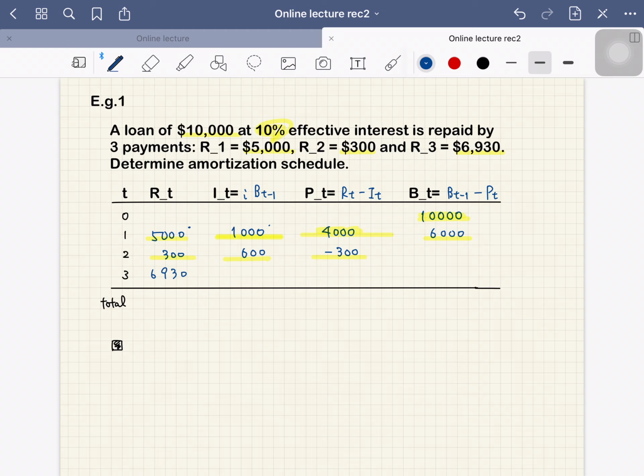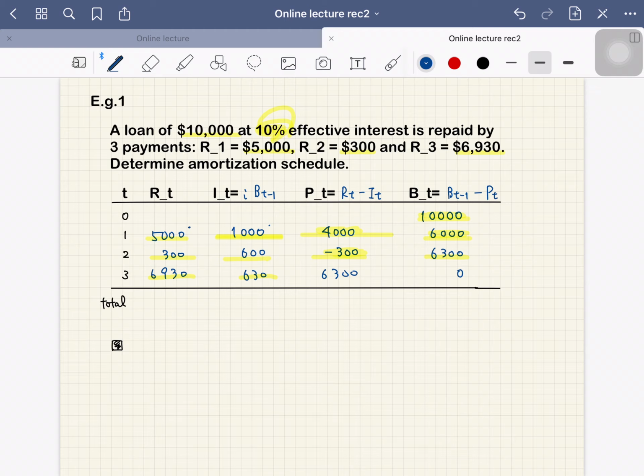So balance is $6,300. This is 6,000 minus principal repaid. In the same manner, the 10% interest on this balance is 630. So total payment is 6,930, minus this, so this is 6,300. Finally, the balance becomes 0.